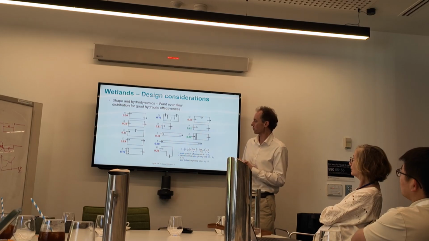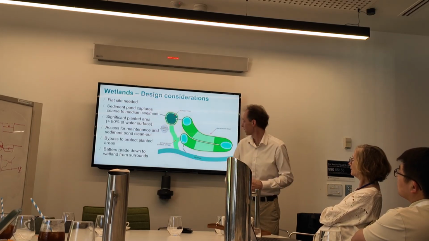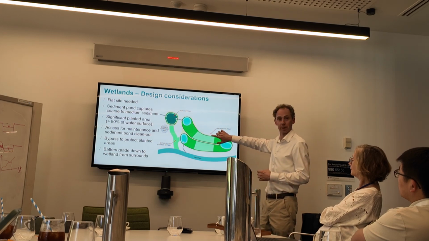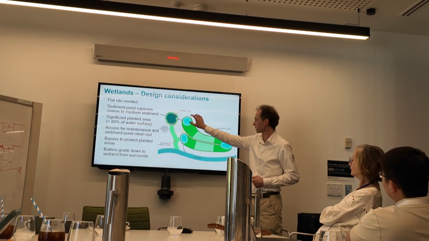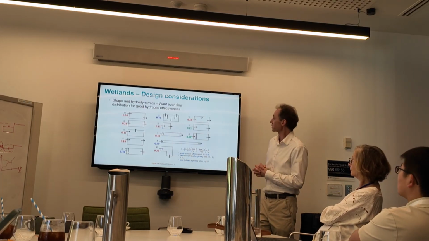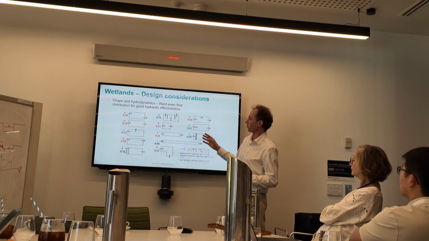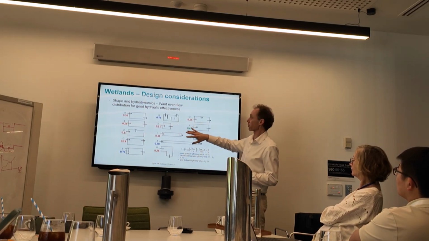So another aspect we want to think about when we're designing, you'll notice this long skinny shape winding around. We haven't just got a round pond, but it's long and skinny. The reason for that is that we want to make sure the water is evenly distributed as it moves through the system.